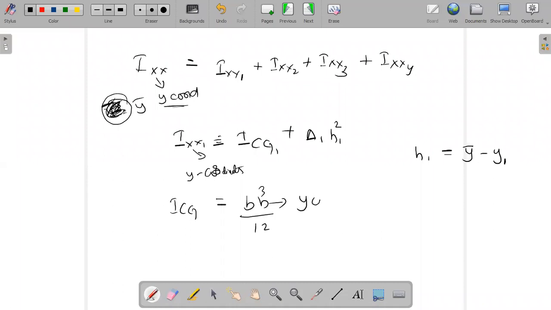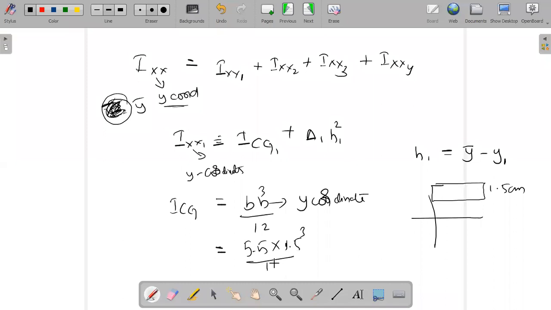Here also you should take the y coordinate of the first section. The first section's length in the y-axis is 1.5, so that is 5.5 into 1.5 cube divided by 12. What is the answer? If you have any doubts, please unmute yourself.